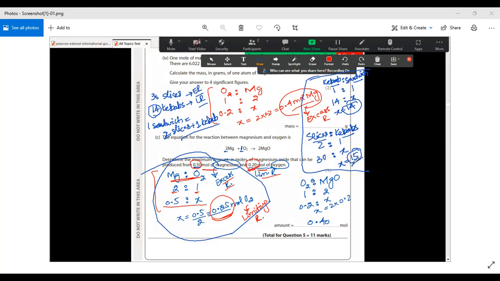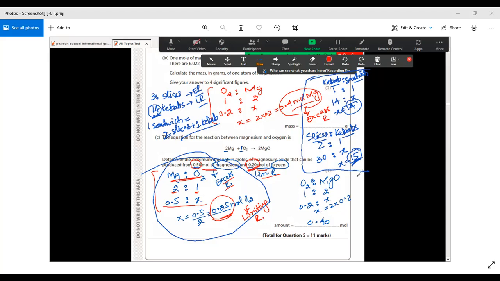Remember, if your answer is bigger than the amount you originally have from the question, the thing on the right-hand side is the limiting reactant. If your answer is smaller than what you had originally in the question, the thing on the right-hand side is an excess reactant.